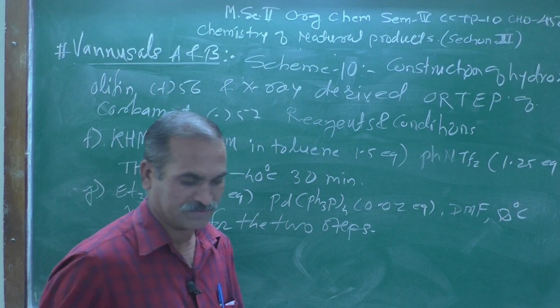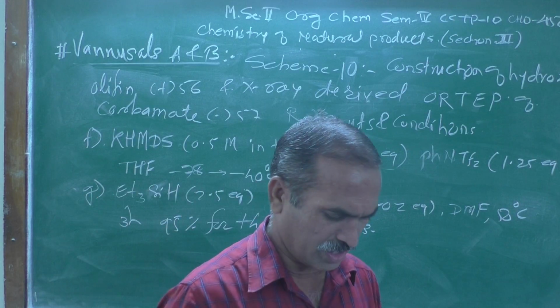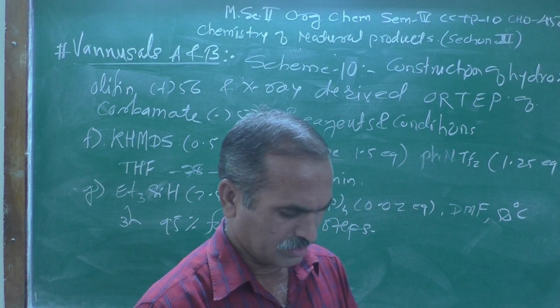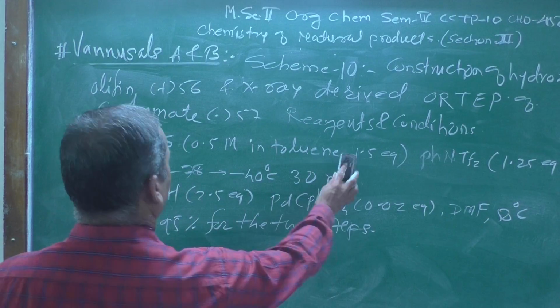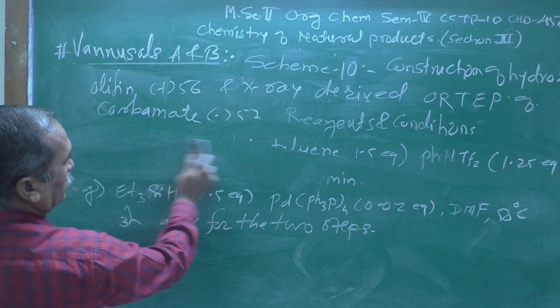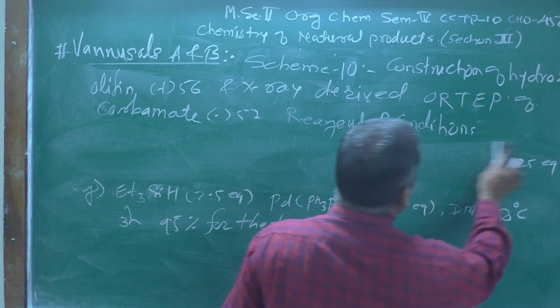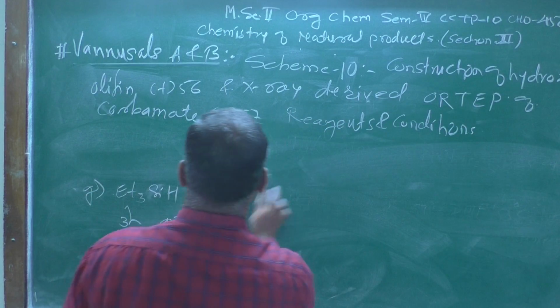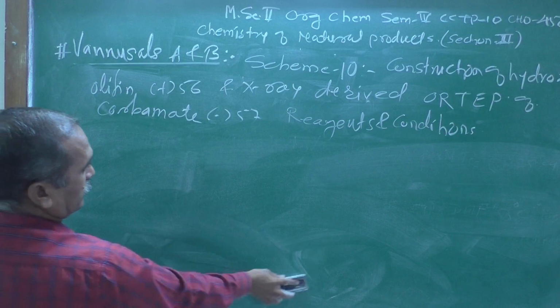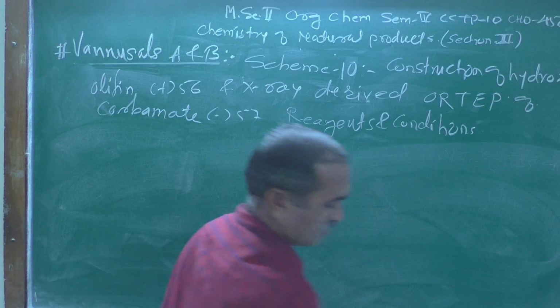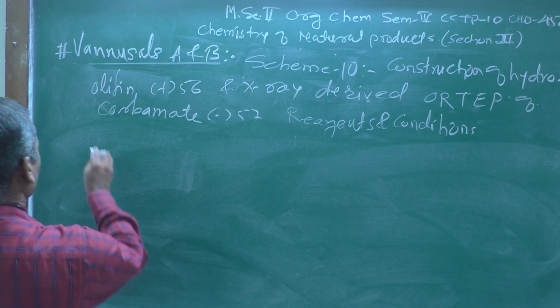For the 2 steps, this is the reagent which we have used over here. Next, the reagents which we were using, let us see, G, now is EH.